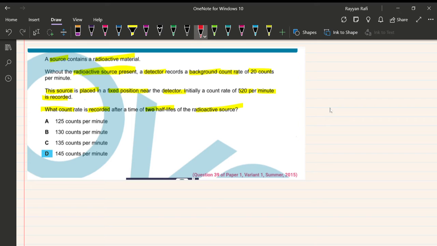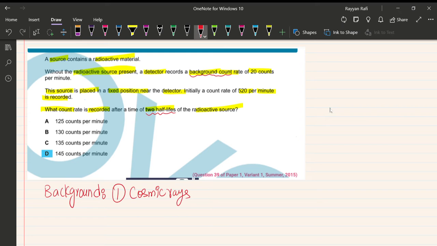Now, there are some terms that you need to understand. Background count, 2 half-lives. First of all, what is a background count? Background count is the reading taken by the detector from the atmosphere, which comes in the types of sources like cosmic rays.